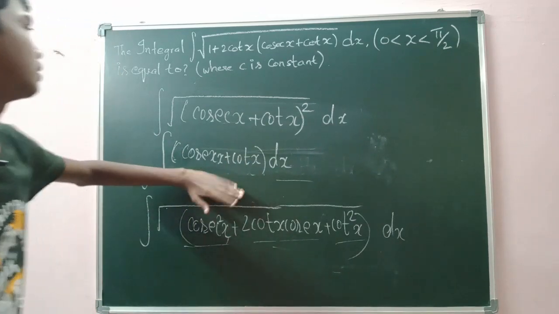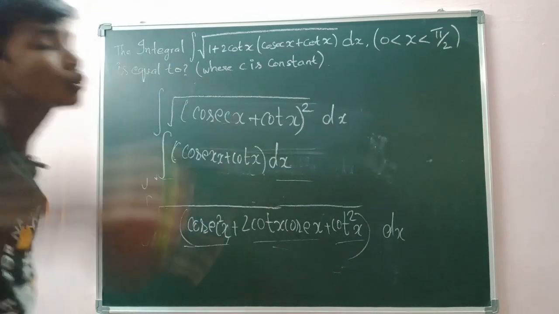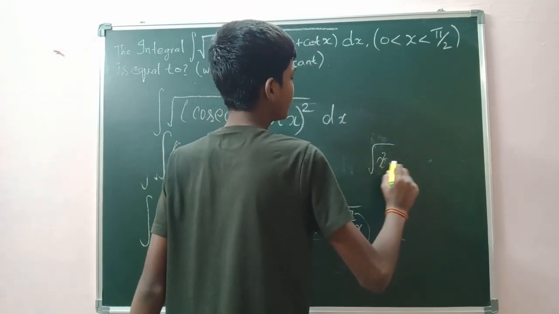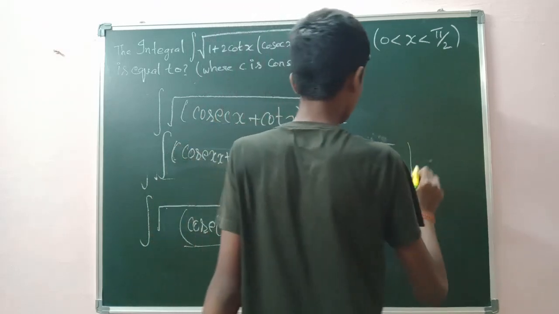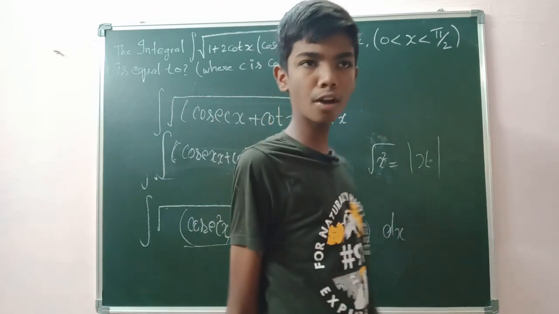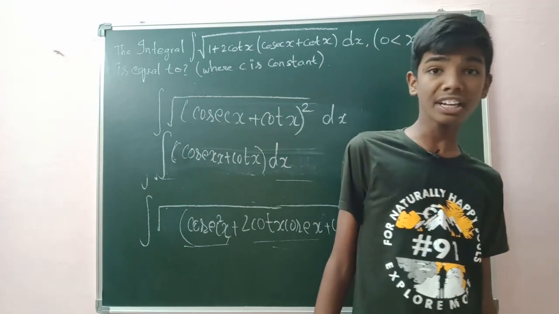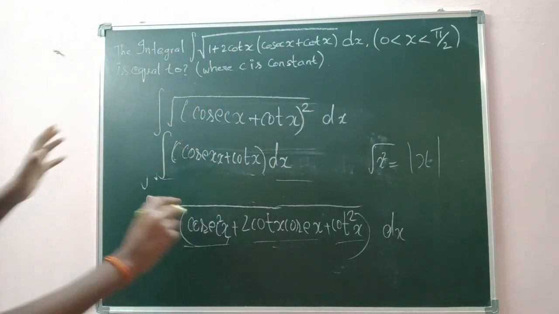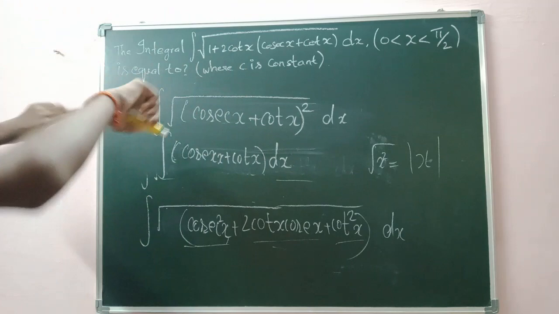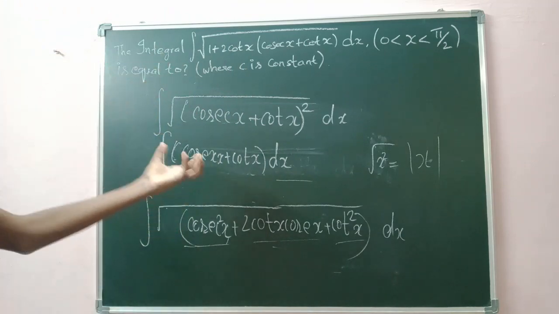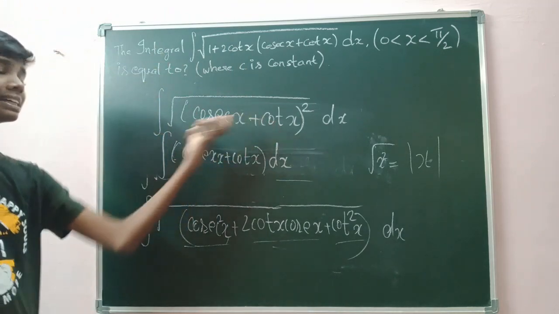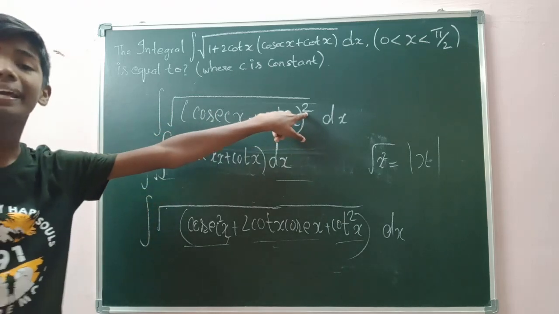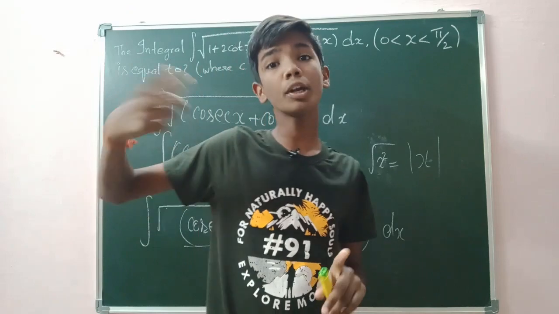So just as I am having square root of some square value, of course you know, for example, square root of x square, what many will say is mod of x. Correct or not? Square root of x square will be mod of x. But actually here for simplicity, I am just removing those square and root such that it will be left with this particular expression inside the square root, by eliminating this 2 and 1 by 2.